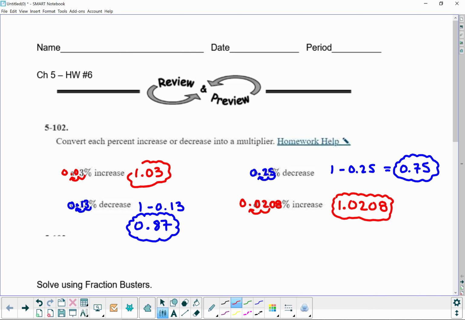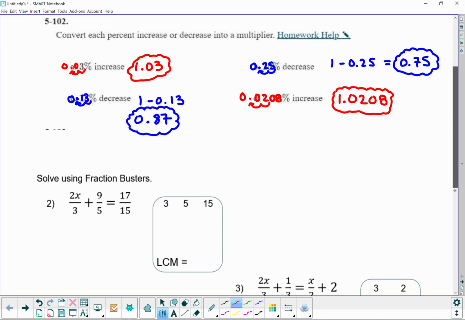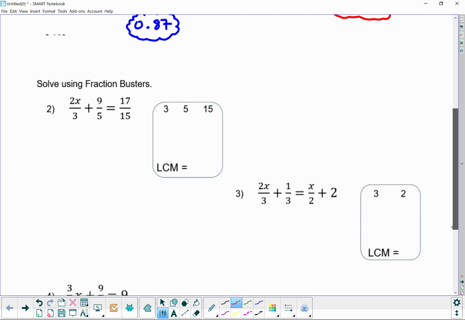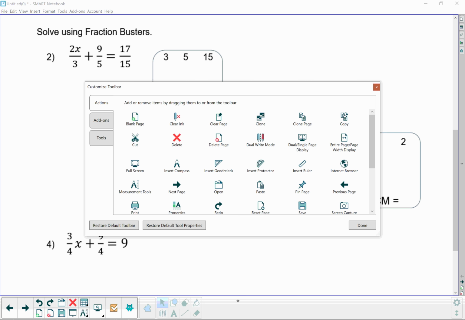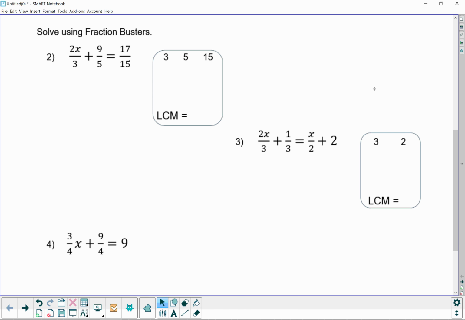All right, so let's look at the second part, which is doing fraction busters. Number 2, and we actually have the multiples right here to help you: multiples of 3, multiples of 5, and multiples of 15.